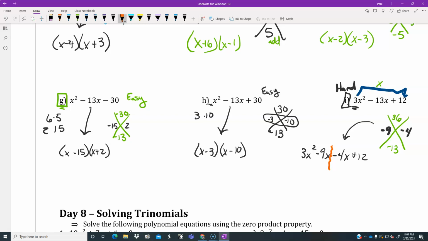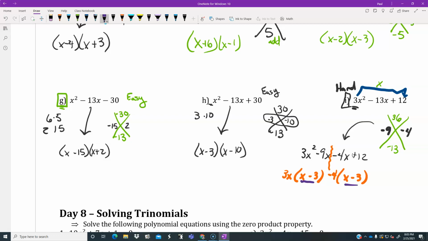If I take a 3 out of each one of those, I get 3x. I can take out a 3x. I get x minus 3. And out of this one, I could take out a maximum of negative 4. And if it is negative right here, take the negative out with it, and that'd be x minus 3. Now, you'll know you did something right if these two match each other.